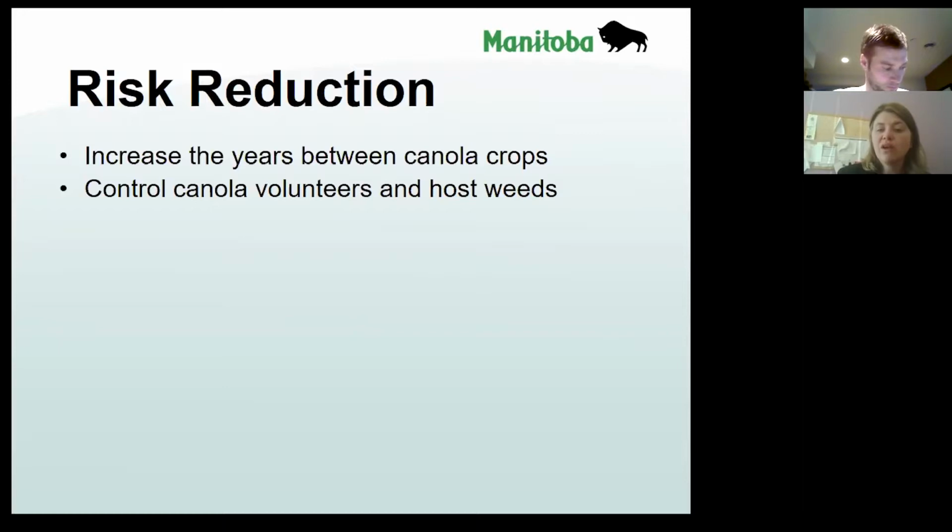Control your canola volunteers and host weeds. Doesn't matter if you're not growing a canola crop, if it's full of volunteer canola or weeds that are susceptible, like the ones in the brassica species, wild mustard, shepherd's purse, you could potentially be having clubroot, and the clubroot increasing the concentration of those spores based on feeding on those weeds.